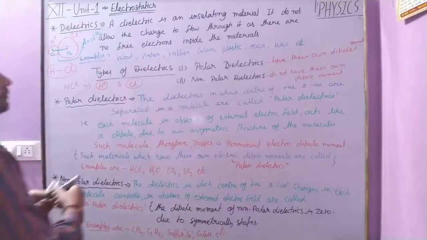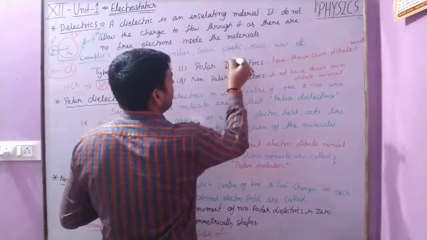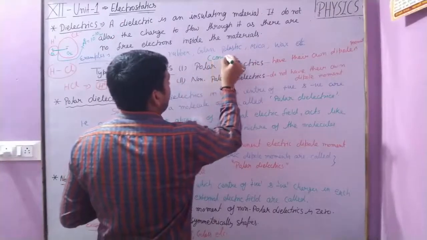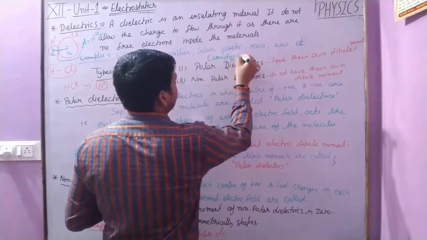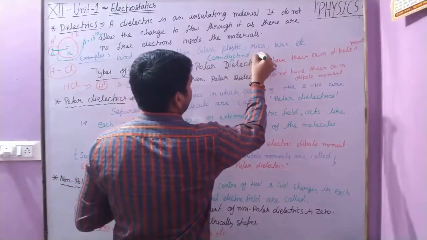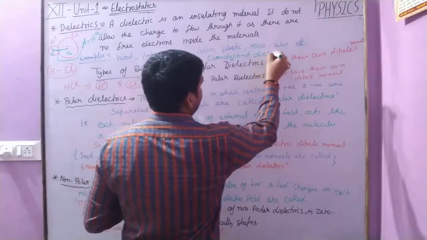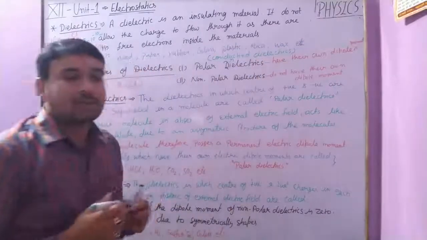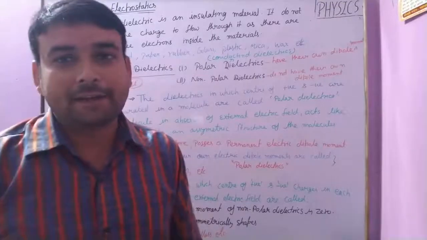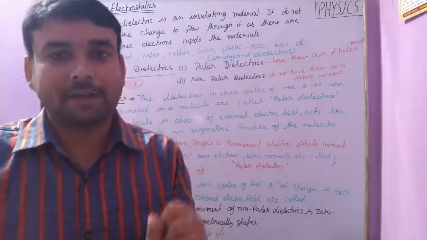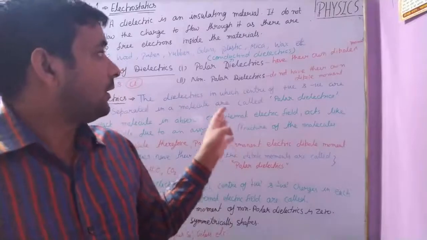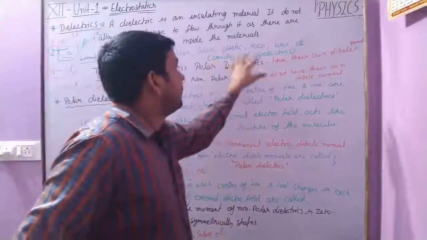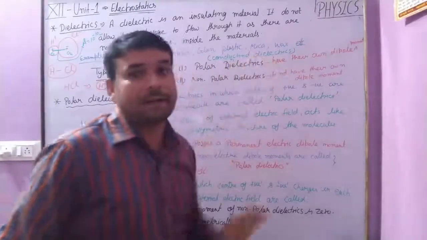So these materials are also known as conducting dielectrics, which means a dielectric which has its own electric dipole moment.